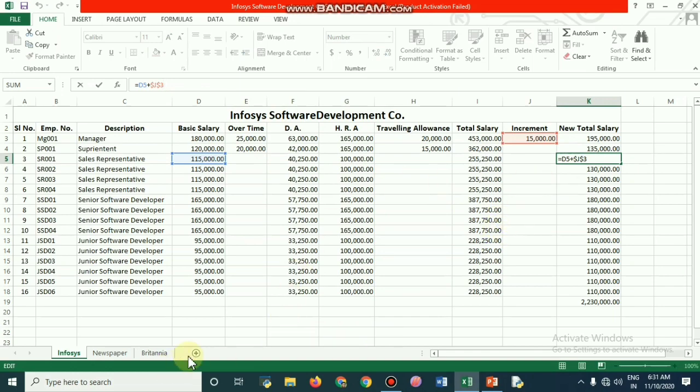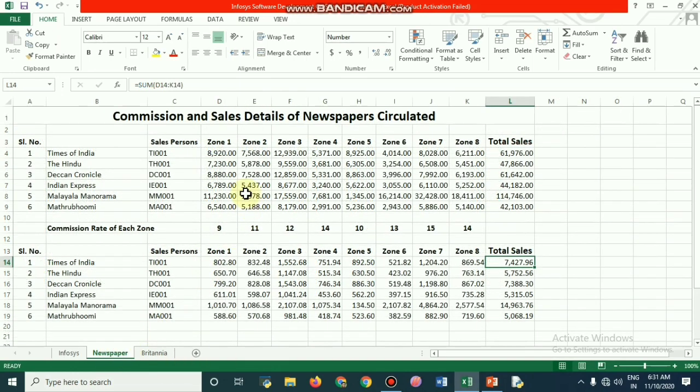Okay, and when I am calculating commissions over here, look here, this is the sheet. You have all the data in your sheet. I just want to calculate the commissions in zone 1, so look, it must be a fixed cell.